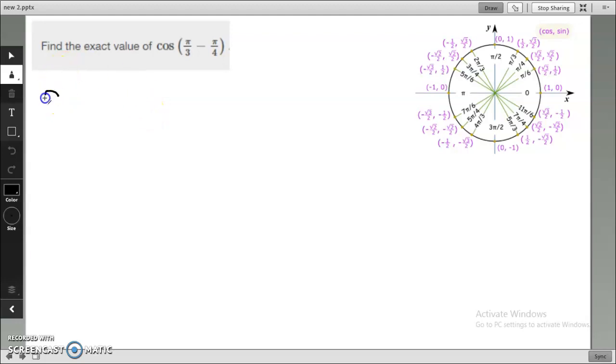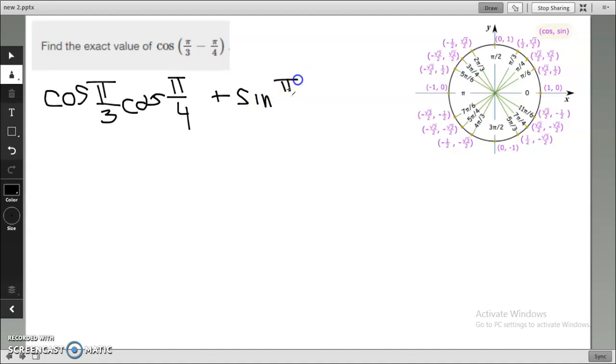So it's going to be the cosine of my first angle, which is pi over 3, times the cosine of my second angle, which is pi over 4, plus, according to the formula, sine of my first angle, which is pi over 3, times sine of my second angle, which is pi over 4.